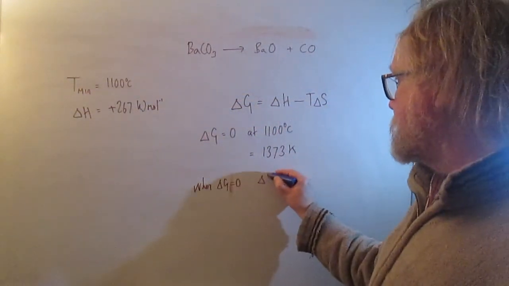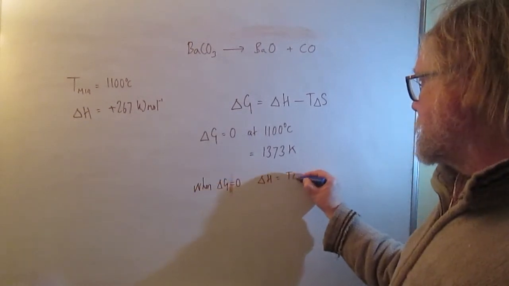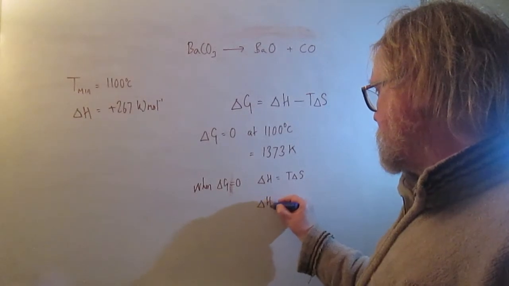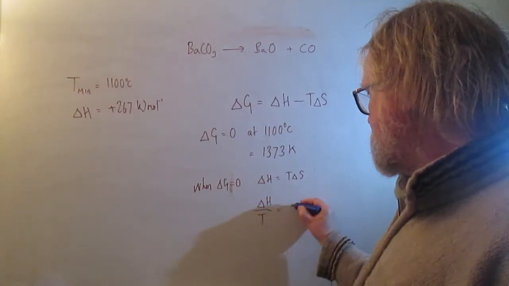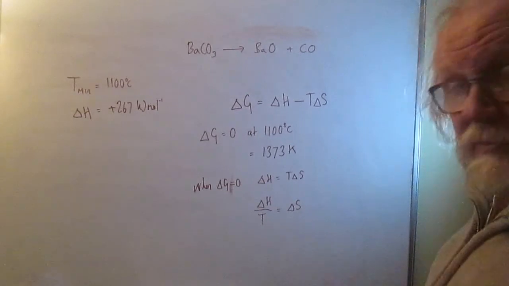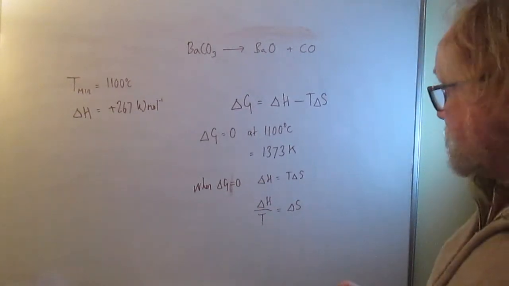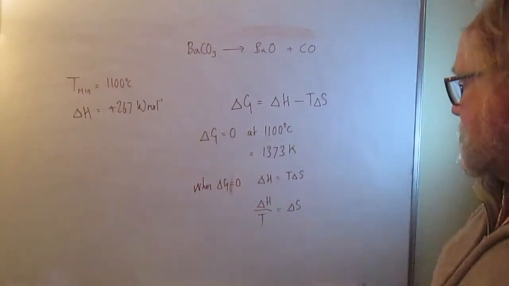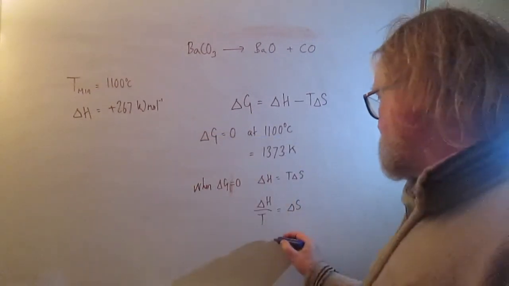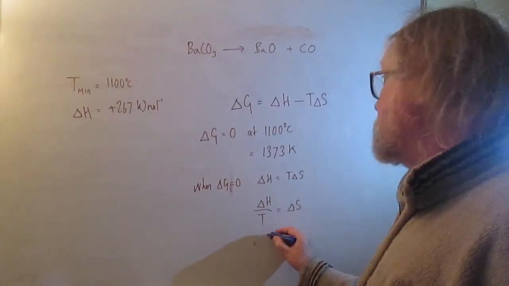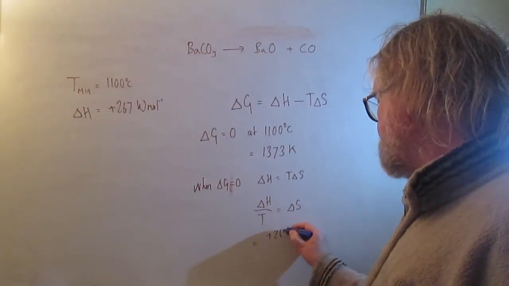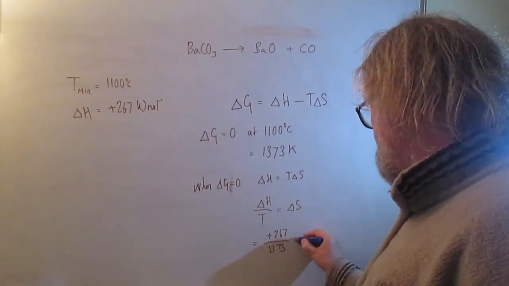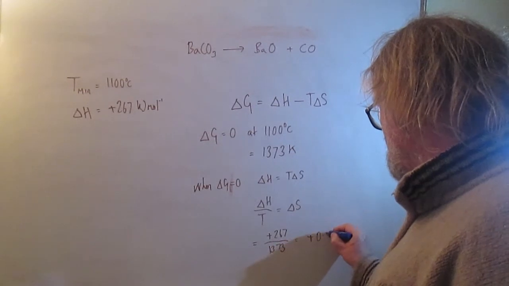We can say delta H is equal to T delta S, and therefore delta H divided by T is equal to delta S, and that's going to be the relationship which will give us what we need, because we know delta H, because it's there, we know T, because it's there, so we can calculate delta S. So that's equal to plus 267 over 1373, which is plus 0.194.